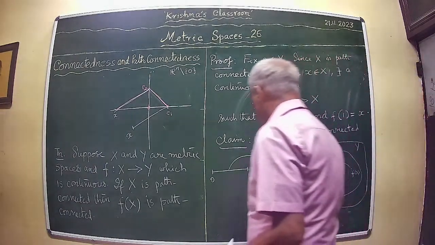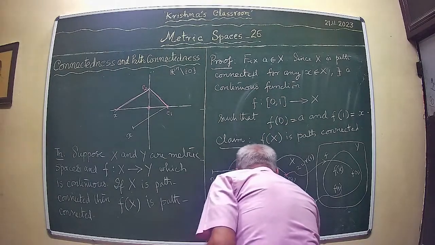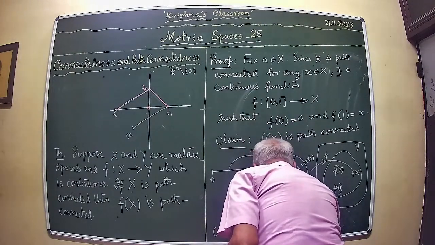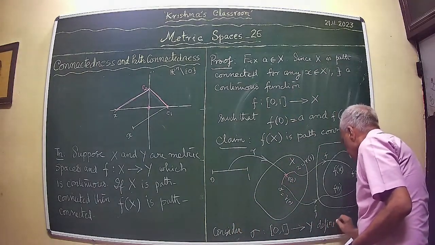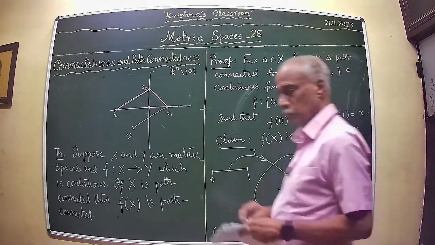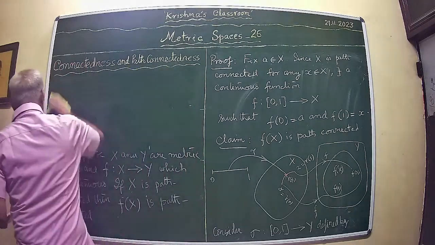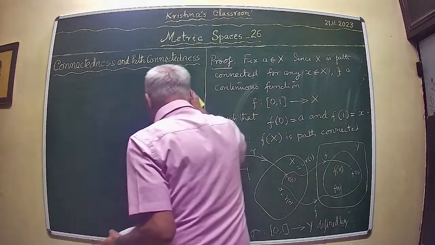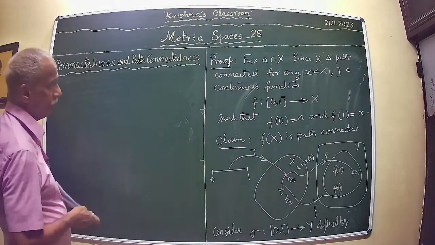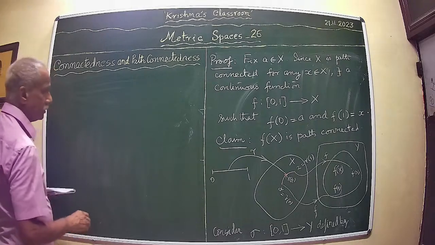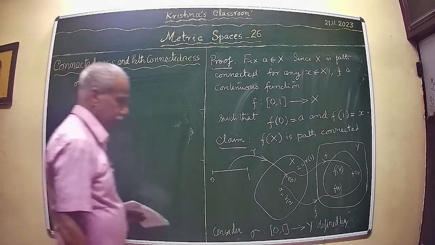Now consider sigma from [0,1] to Y, defined by sigma is defined by f composition gamma. Okay.